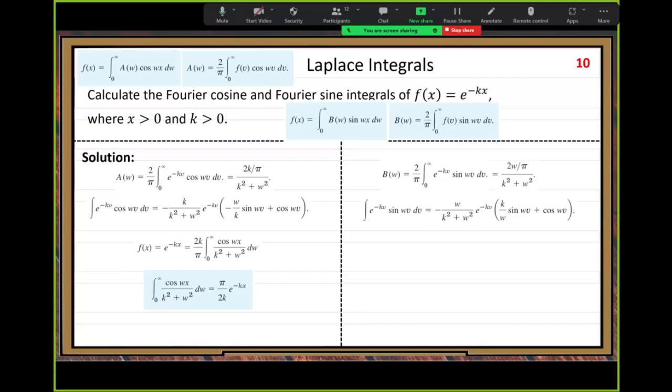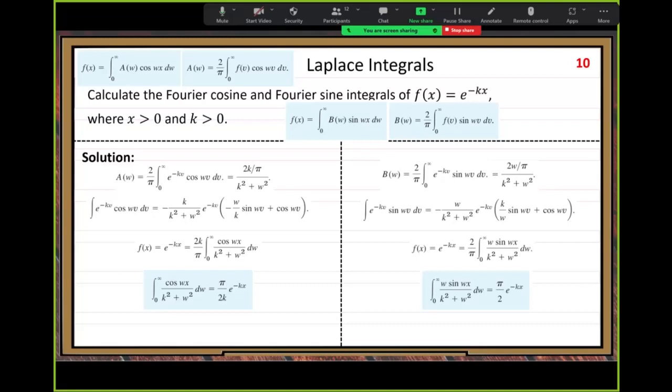So after we plug in the two limit bounds and take the limit, we get this expression. Then we can write the function in its Fourier sine integral in this way. So you can see these two special integrals.